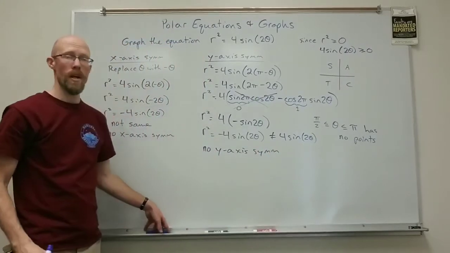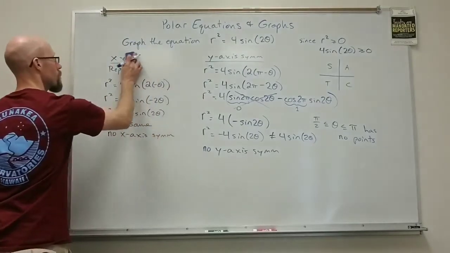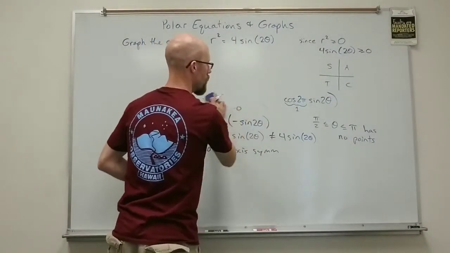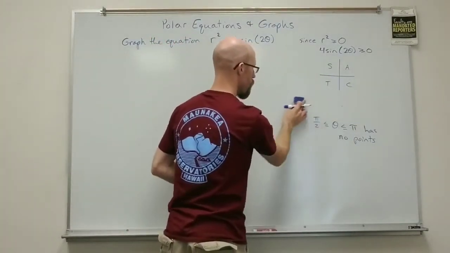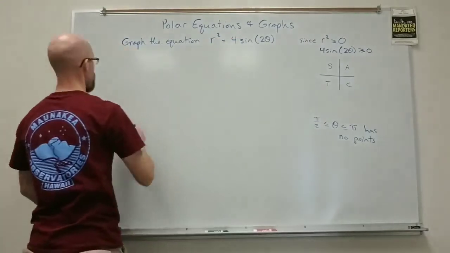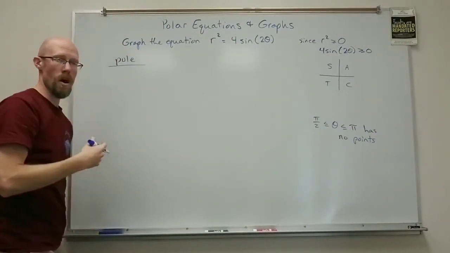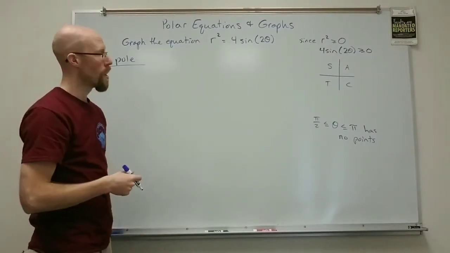Okay, so now we go to the origin, or the pole. Let's see if we have symmetry with respect to the pole. Now again, there are two different ways to do symmetry with respect to the pole. You could either replace r with negative r or theta with pi plus theta.